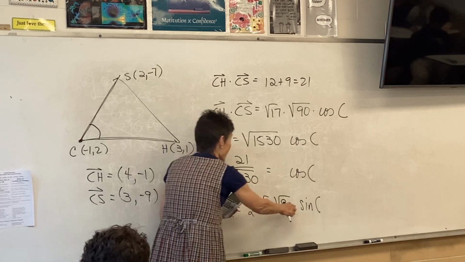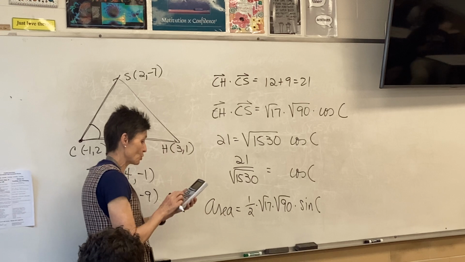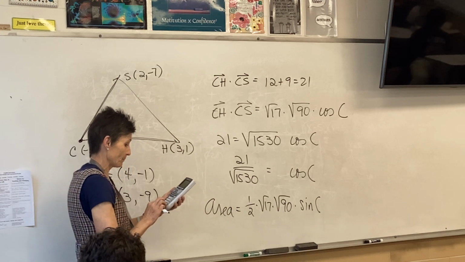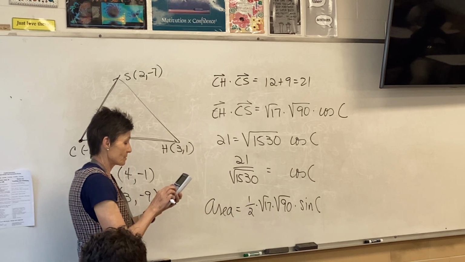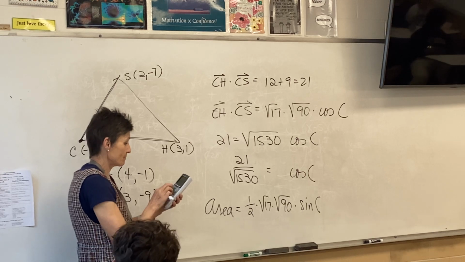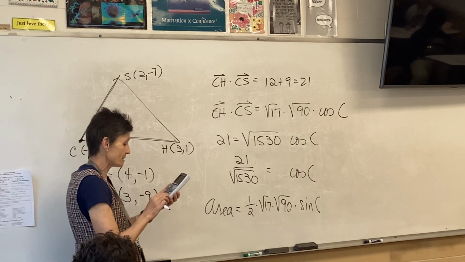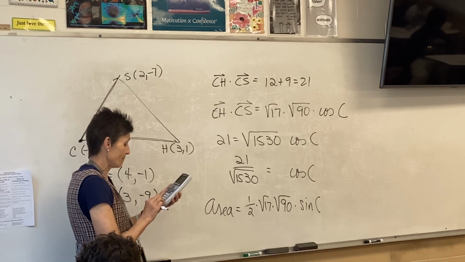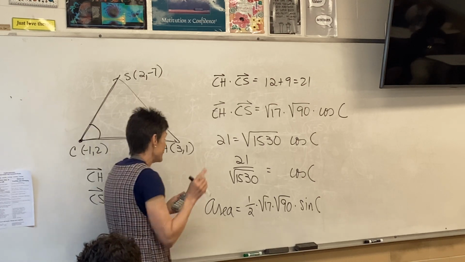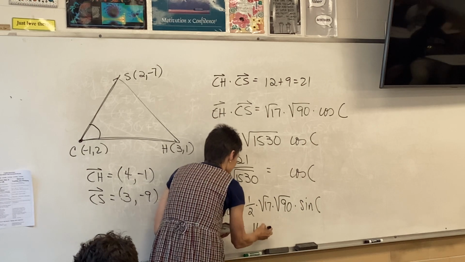Then I'm going to take that times the square root of 90 times the square root of 17, I could have combined those, I guess, and divide that by 2. Did you get for your area 16.5?